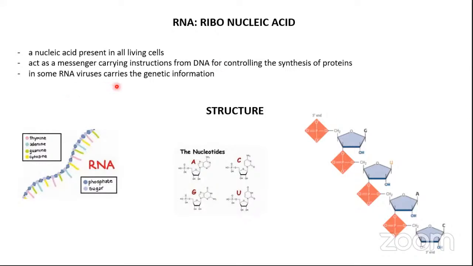In some RNA viruses, they carry the genetic information as well, like HCV, HIV, and the newly emerged COVID virus. So these are examples of RNA viruses. In such viruses, they carry the genetic information like DNA from one progeny to another.